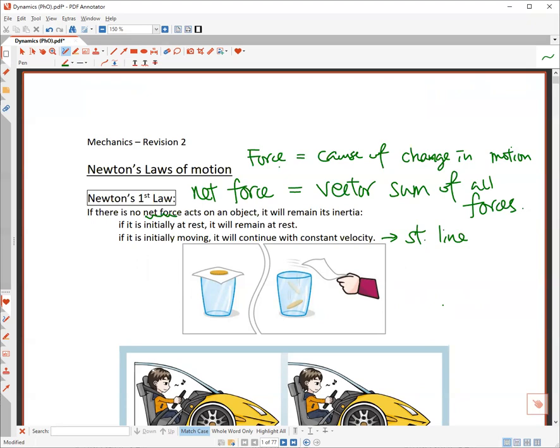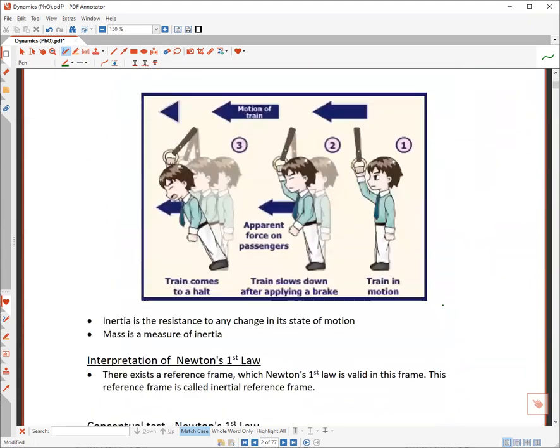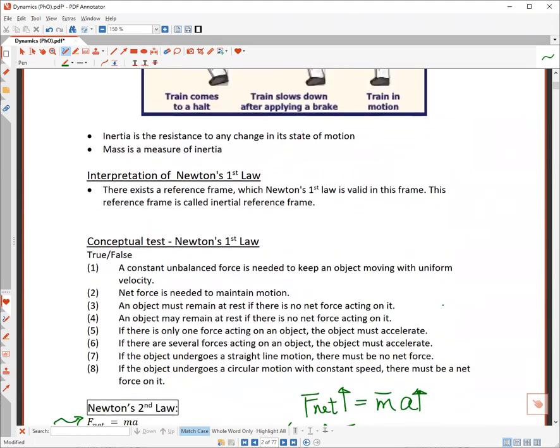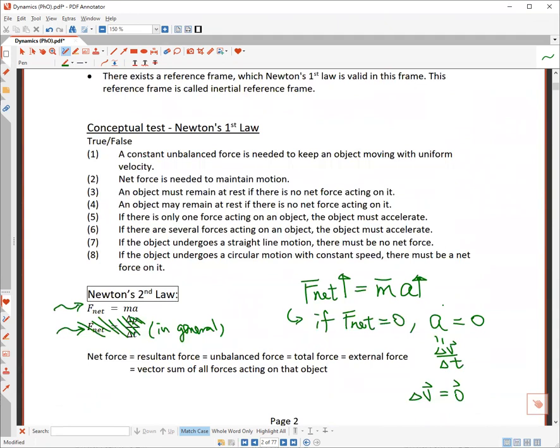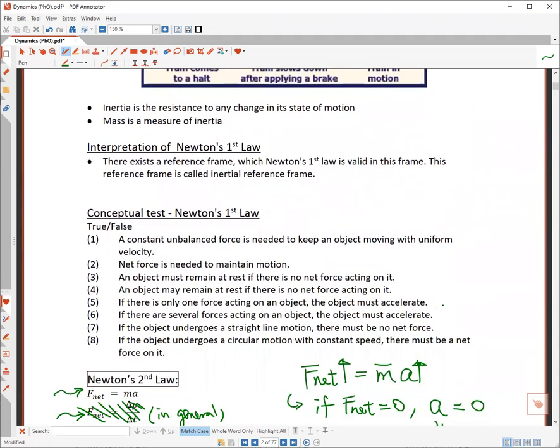The reason behind is that we define the force by using Newton's second law. Well, sorry, we are defining the force in one thing, and we call the inertial reference frame in Newton's first law.